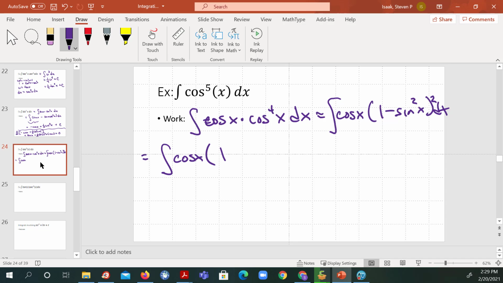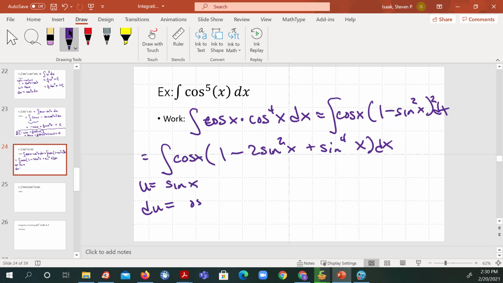cosine of x times 1 minus 2 sine squared x plus sine to the 4th. Okay, if u is sine x, du is cosine x.